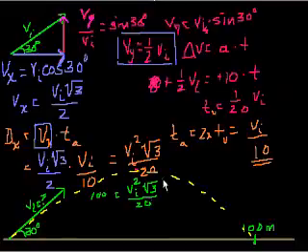We can multiply both sides by 20 and divide by the square root of 3. So V sub I squared is equal to 20 times 100, which is 2,000, divided by the square root of 3.